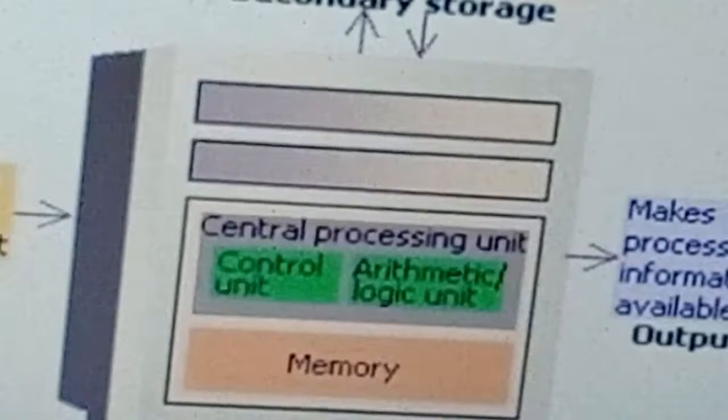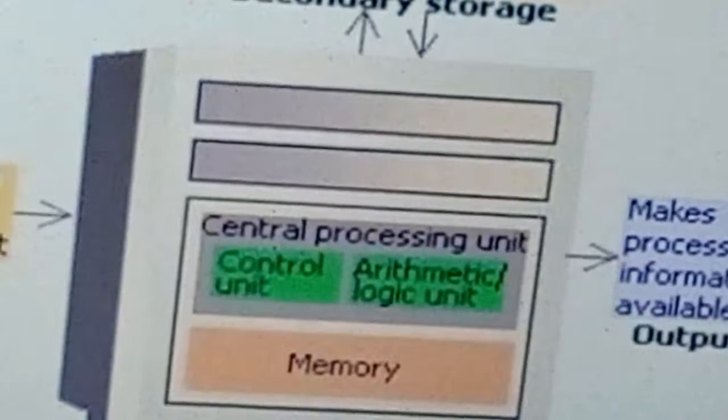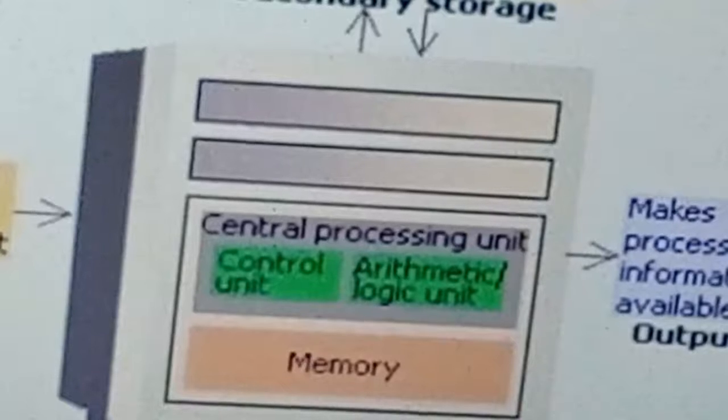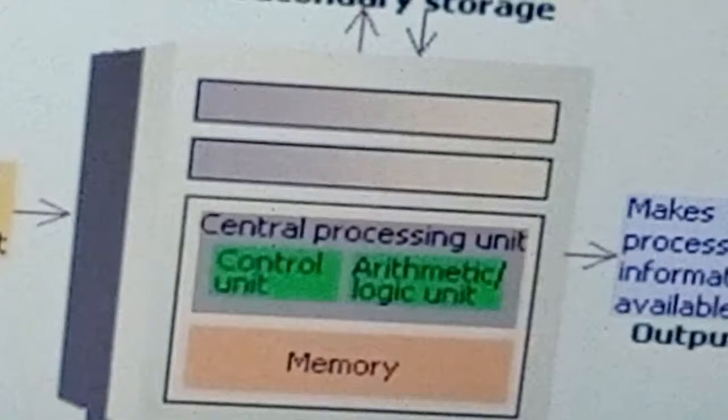The data cannot be directly processed by the processing unit in secondary memory, but it transfers the data first into the main memory and then to the processing unit. From there we can access the data.